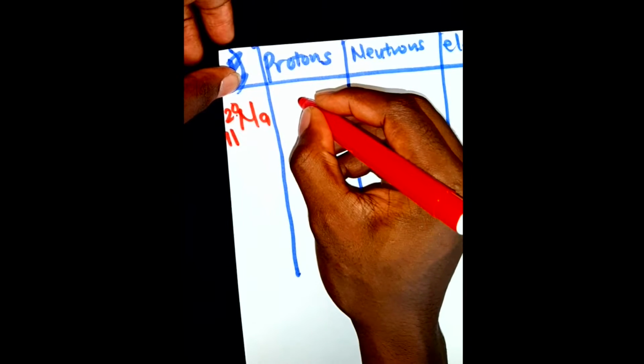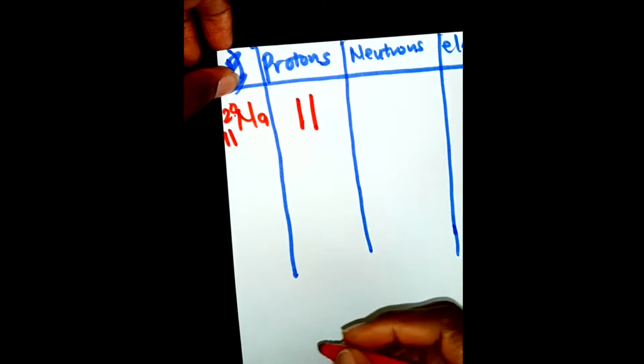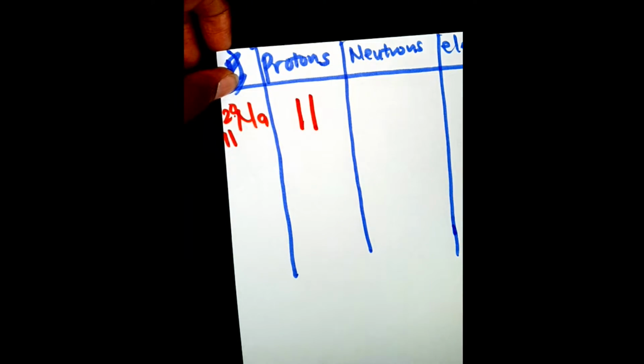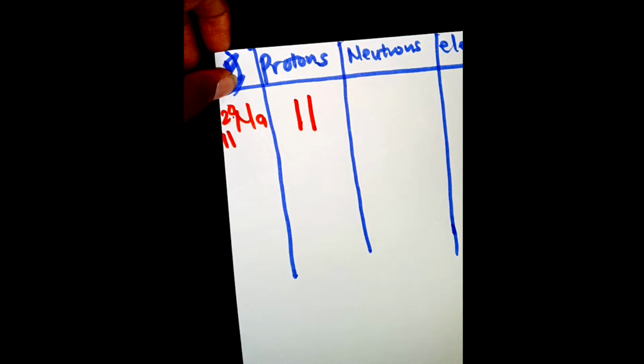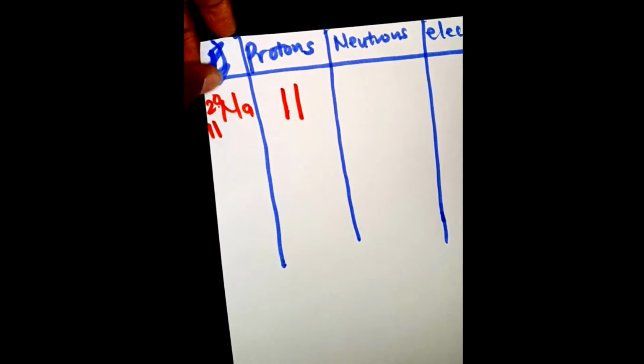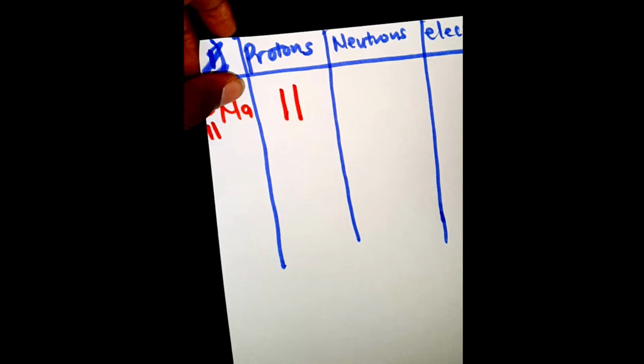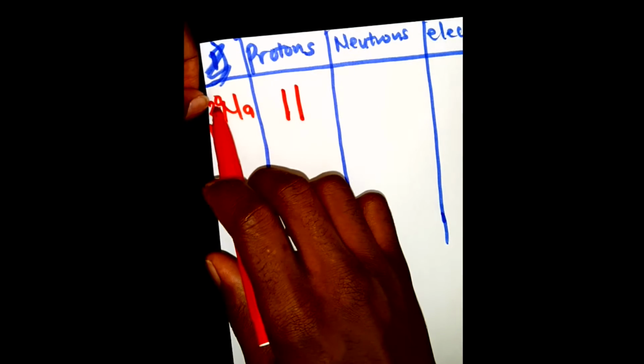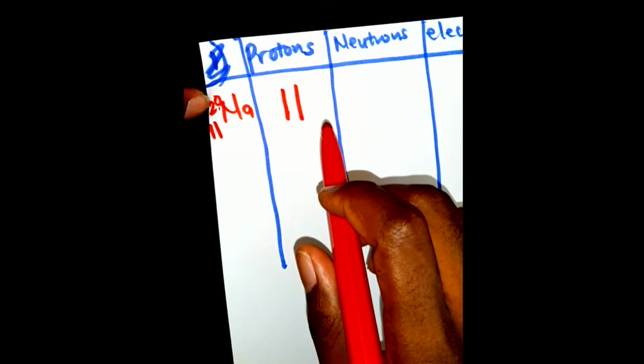Now our proton here is 11. The proton is 11, which is also equal to the atomic number, and the mass number here is 20.